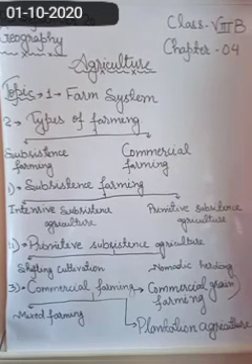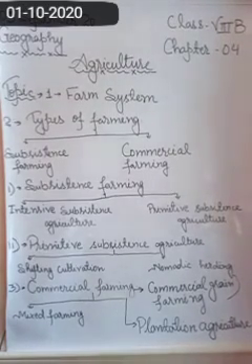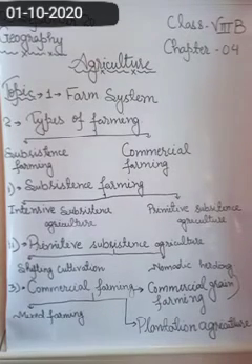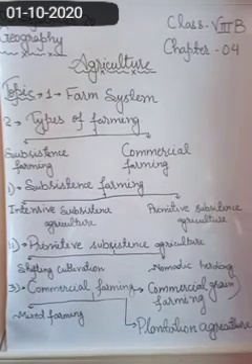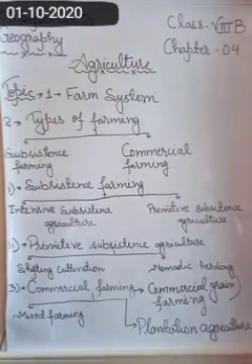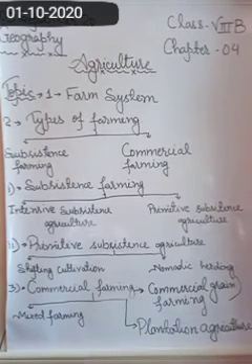Students, in this type of commercial farming, farmers grow a single crop like tea, coffee, sugarcane, cashew, rubber, banana or cotton. And students, in plantation farming, a large amount of labor and capital or money is required.